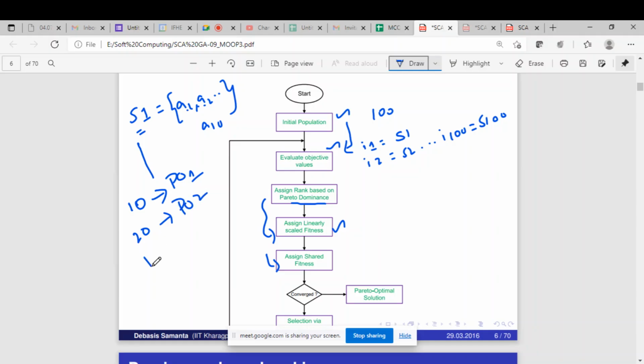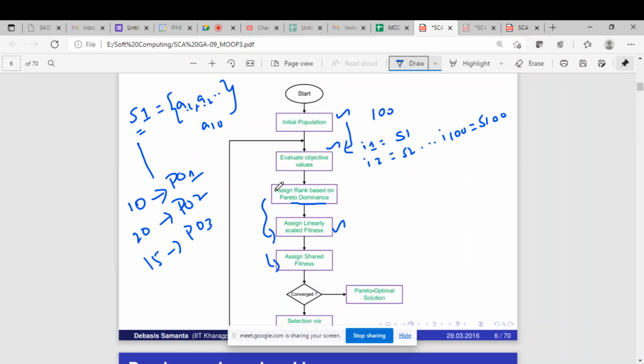Another 15 individuals may be in some other Pareto optimal set 3. So like that, there may be some group of individuals which may be in one Pareto set. That is, in that group you cannot differentiate who is better than the other. In that group all of them are not dominating each other. So like that there may be several groups out of this 100.